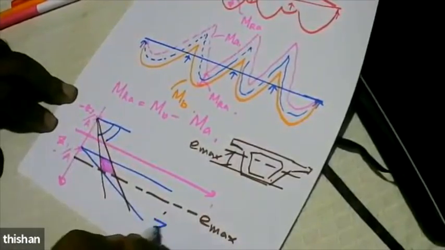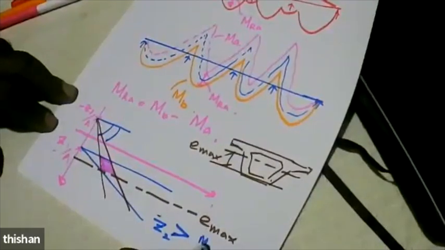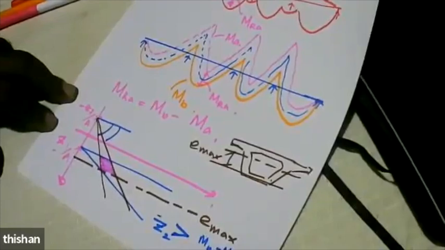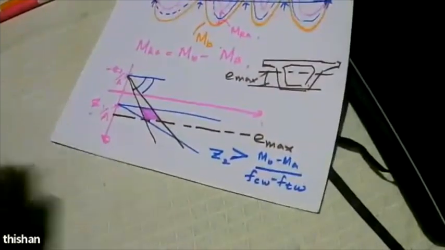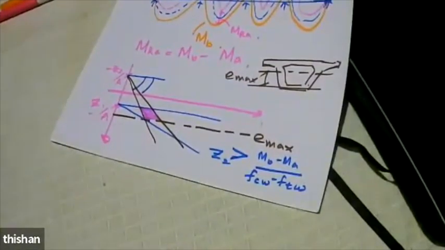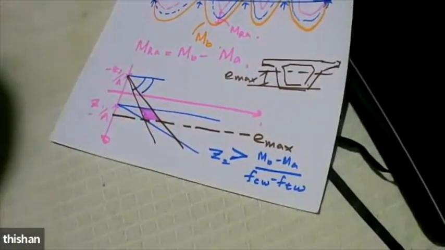And from that, we said Z2, a positive quantity, should be greater than MB minus MA over compressive stress under working minus tensile stress under working. So we derived an equation like that for a continuous beam. So that's a summary of what we did last time.